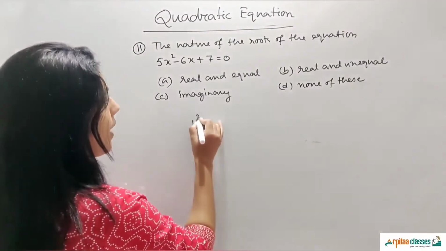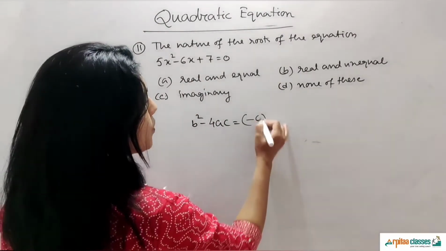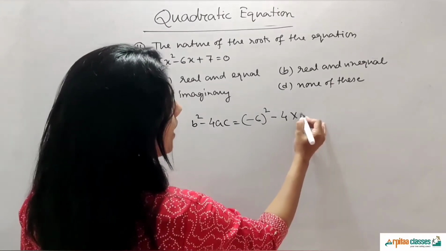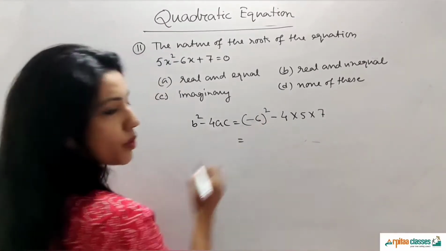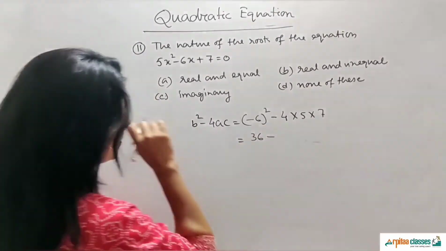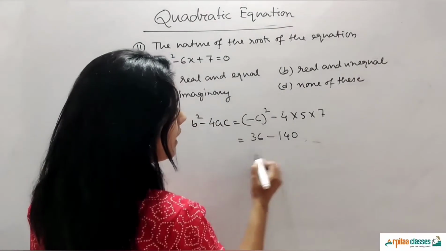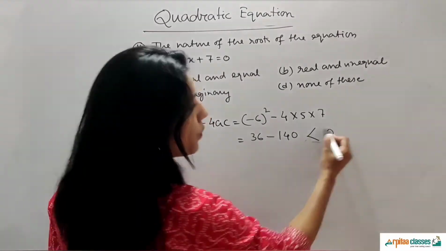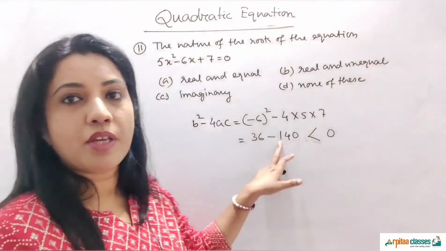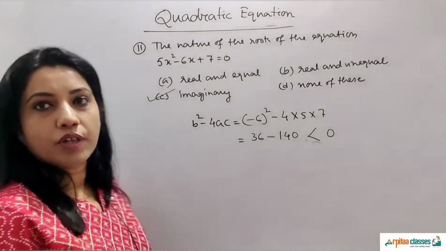So here b square minus 4ac would be, b is minus 6 whole square minus 4 into 5 into 7. Minus 6 whole square is 36 minus 4 into 5 into 7. 4 into 5 is 20, 20 into 7 is 140. So clearly this comes less than 0. This is minus something, so it is clearly less than 0. That means the roots will be imaginary.